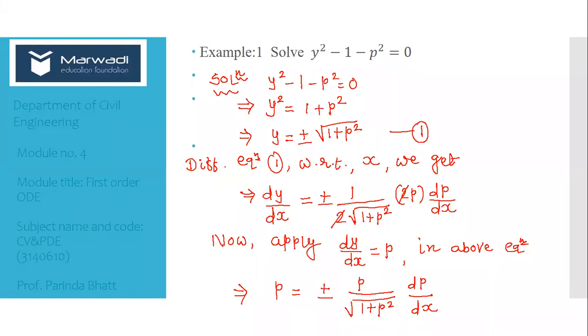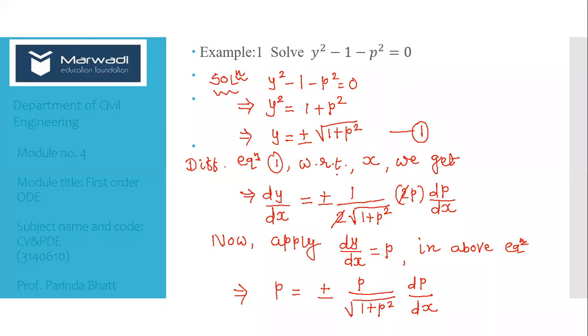That means represent y as a function of x and p. That means y on one side and the other values on the other side. Okay, this is equation number 1.